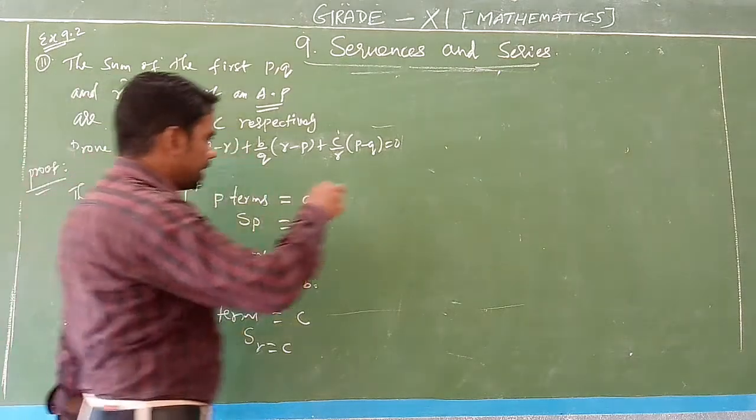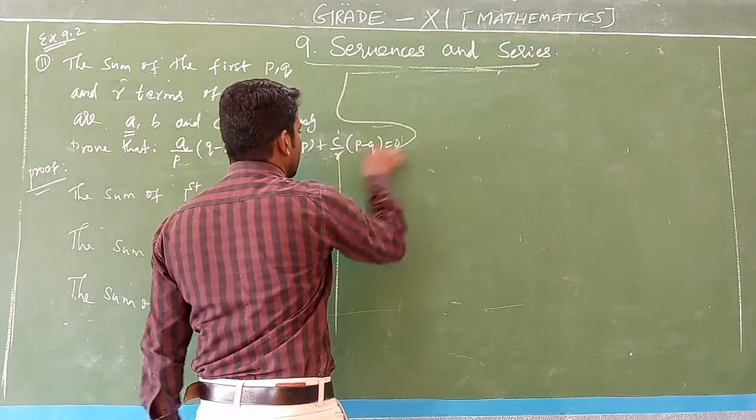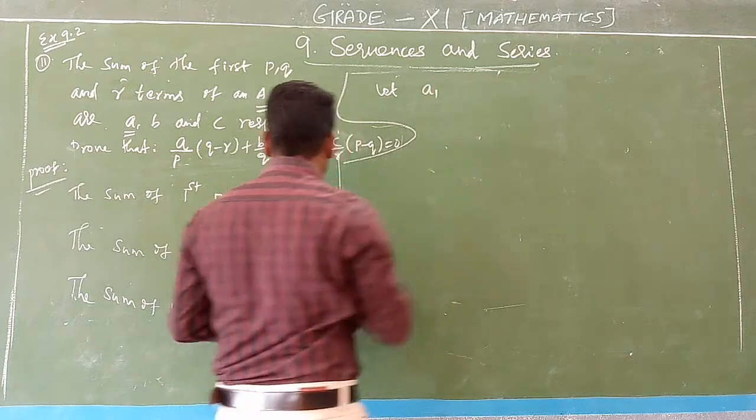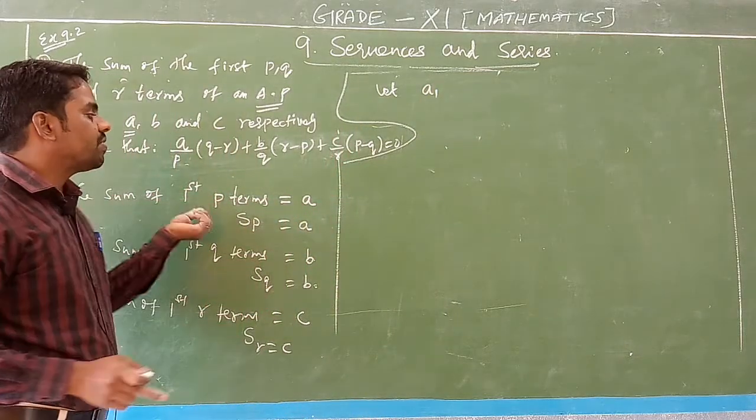Right, let us consider a1 to be the first term and d to be the common difference of the given AP, that is arithmetic progression. Here a is also given information, the sum of the first p terms.